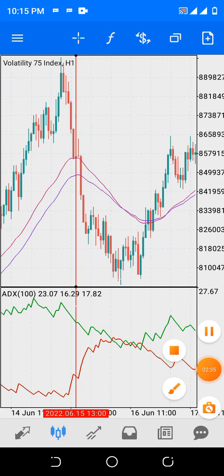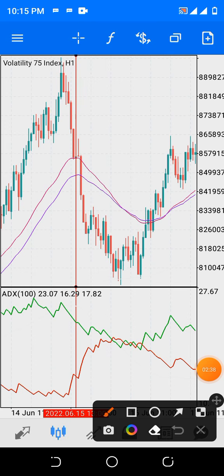You see here and you see here, there is no simultaneous crossing. The candlestick crosses the moving average, but here the ADX lines are not crossing each other. So this is a false signal. You don't take this trade. Do you understand? You don't take the trade.